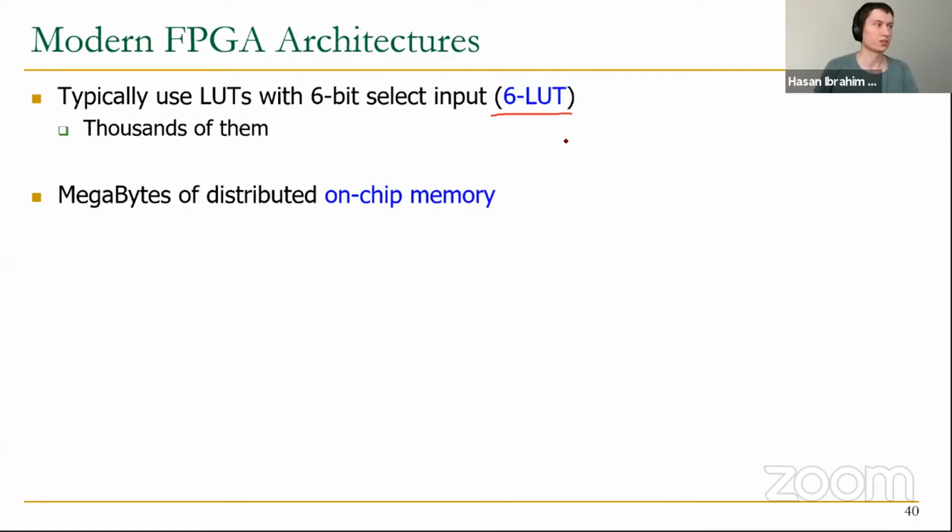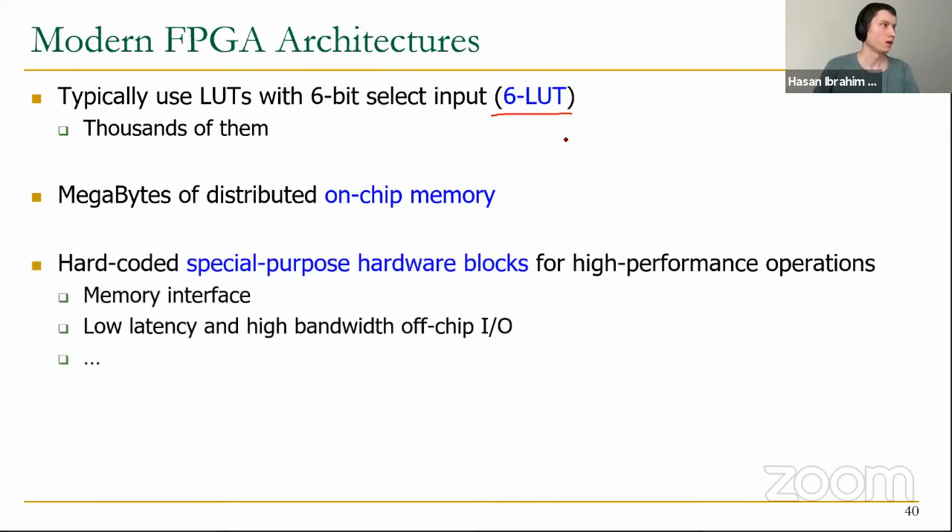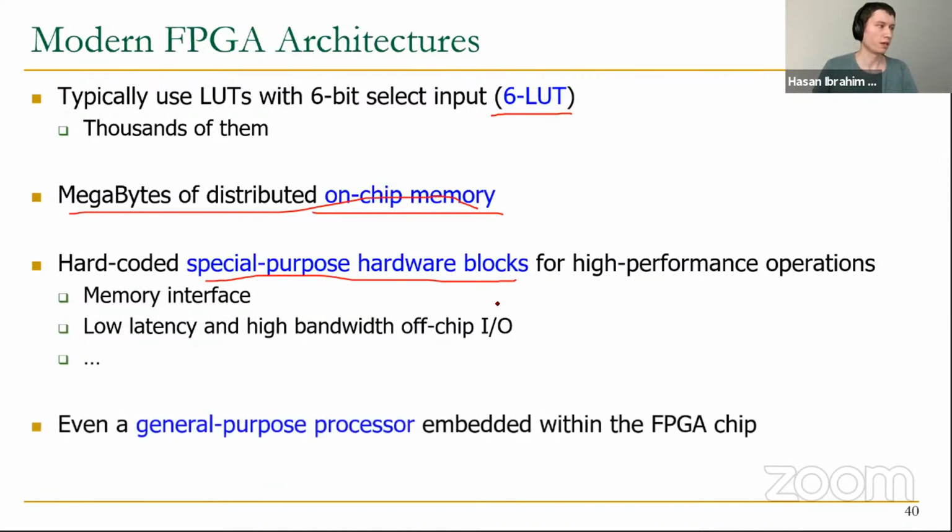Well, not very simple, but small, I would say. Those FPGAs also have megabytes of distributed on-chip memory that can be used in applications. This cannot be used to program your logic, but rather as storage only. And they also implement special purpose hardware blocks, as I said, and even general purpose processors embedded within the FPGA chip.